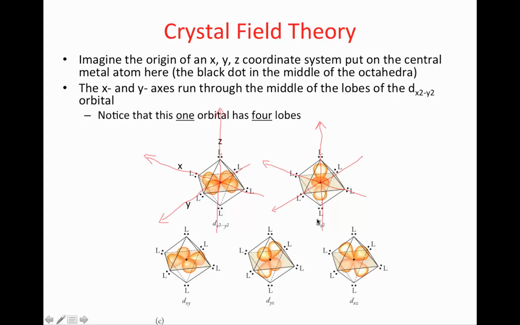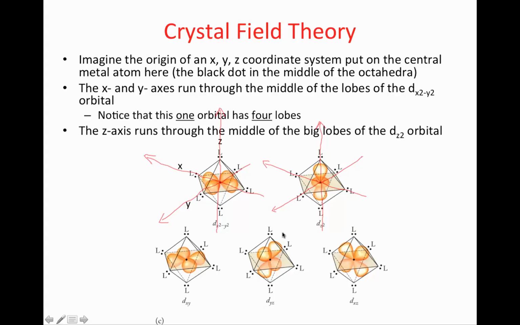So in the case of the dz squared orbital, we see that these 2 large lobes lie along the z-axis right here, and I've got 3 principal parts to it. I've got this donut of electron density right here in the middle, and then I've got a lobe here and a lobe here, and all of this together makes an orbital.